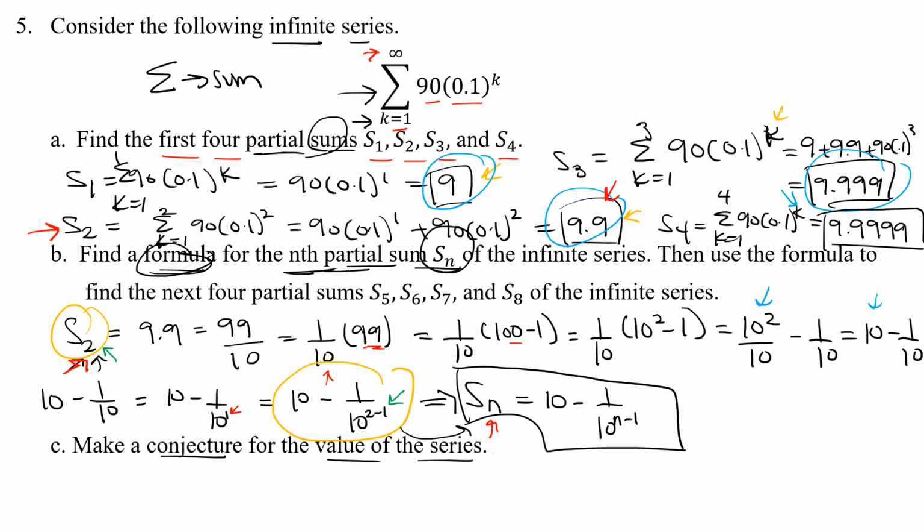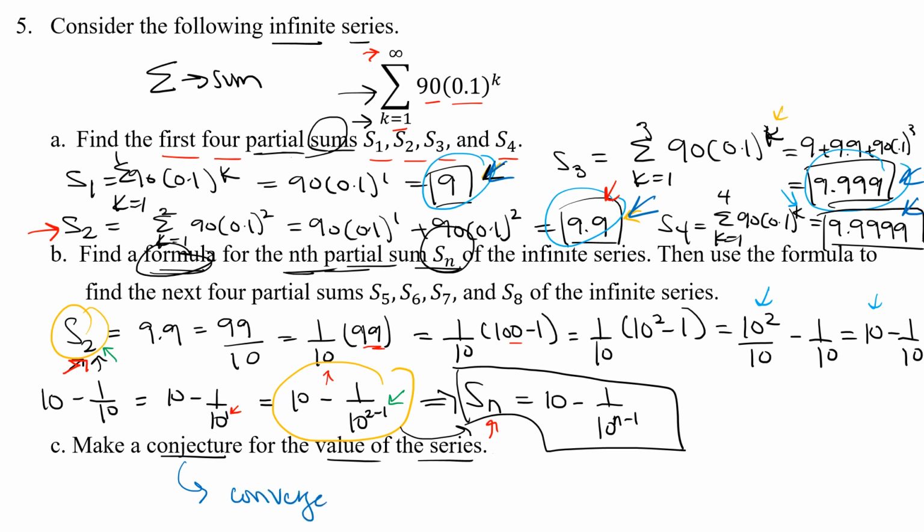All right, well then, what kind of conjecture can we then make about the values of our series, okay? Well, it looks like as our n was getting bigger and bigger and bigger, what was happening to the values of our partial sums? Well, it looked like it was converging to 10, okay? So that's the conjecture we can make, okay?